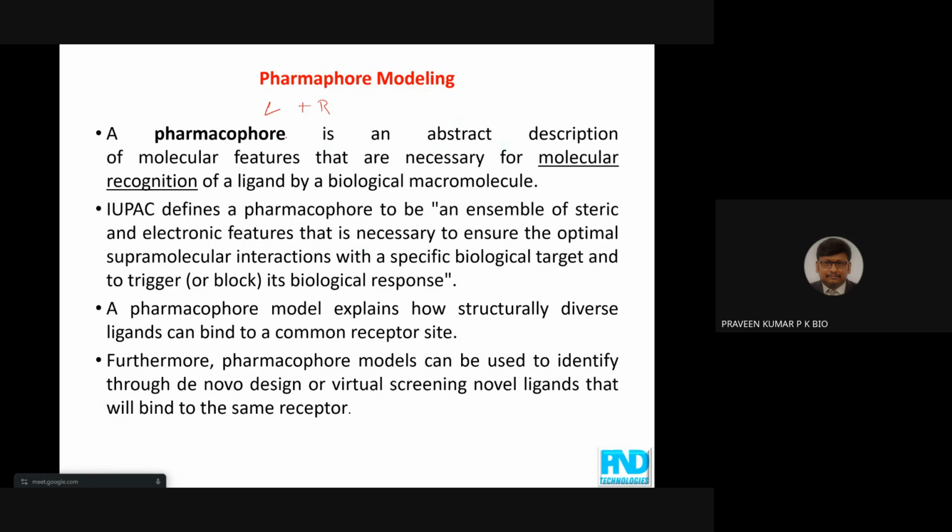In docking, we generally assess through docking energy, binding energy. Here, we assess the binding of the ligand with the receptor using fitness values, fitness factors. We use a different kind of correlation and check the interaction of functional groups of a ligand with the receptor. So this is something about pharmacophore.